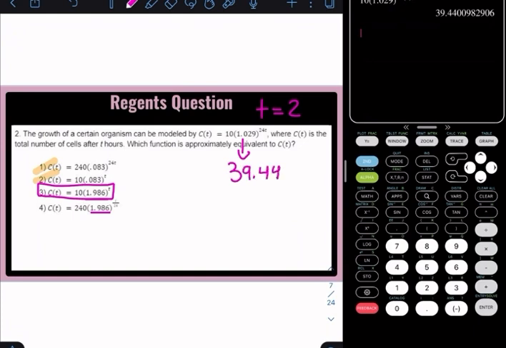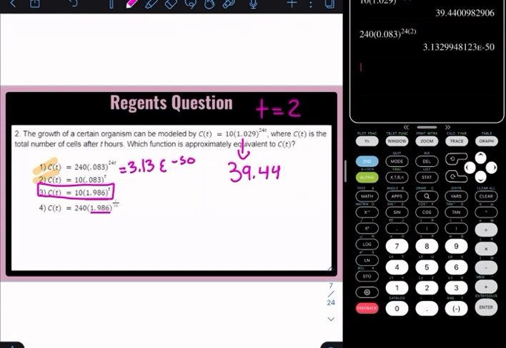Now let's try each of these answer choices by making t 2. So let's try the first one, 240 parentheses 0.083 raised to the 24 times t, where t is 2. That would equal 3.13 e negative 15, not going to be the answer.